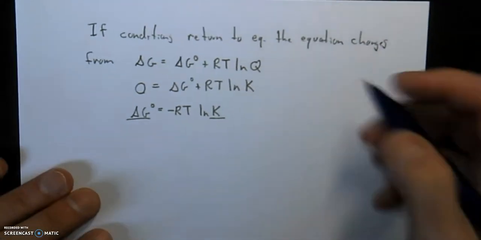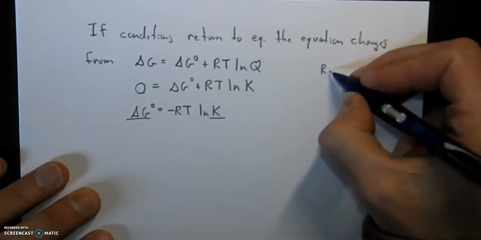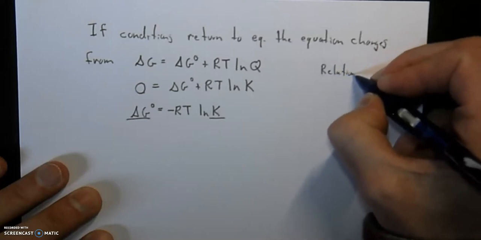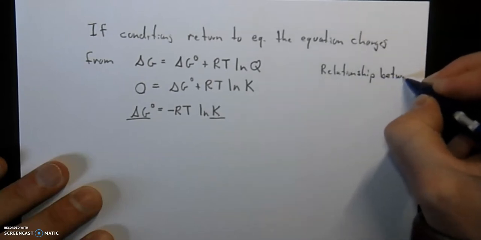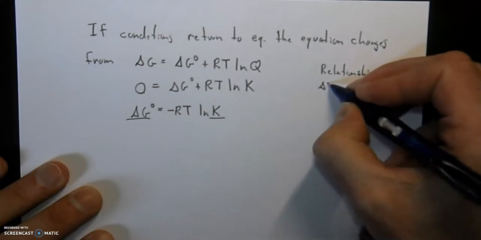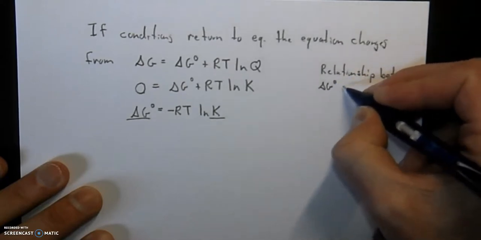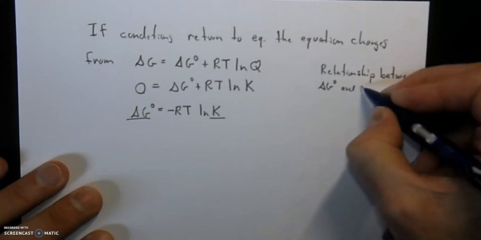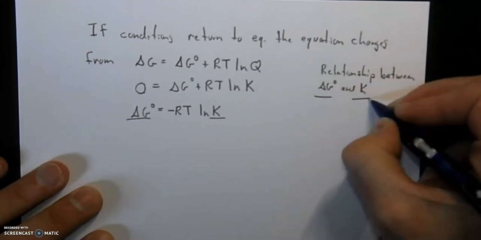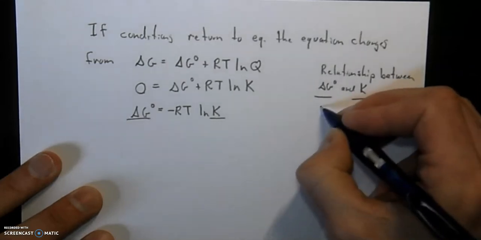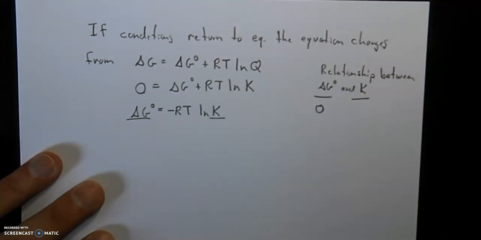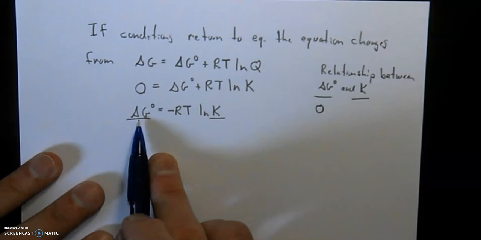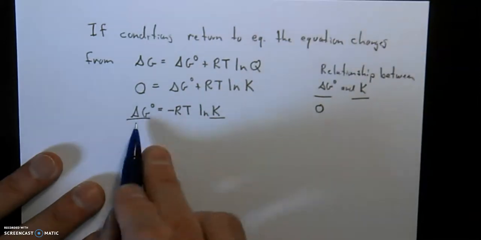So let's take a look at a relationship just to get an idea of how these would go. Again, the relationship between delta G at standard conditions and K. If delta G happened to be 0, and we go through the math, what would K have to be to make delta G 0?